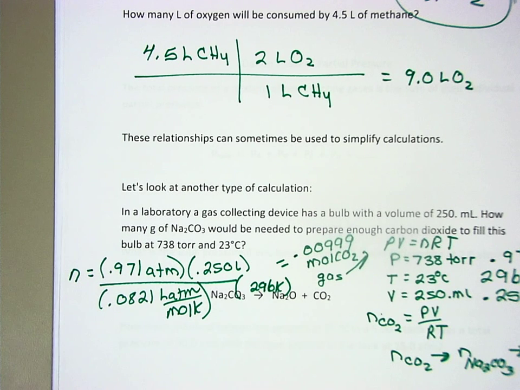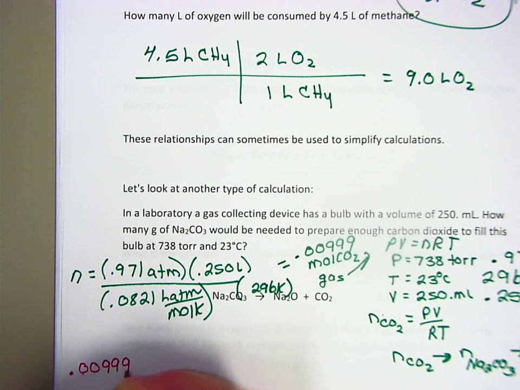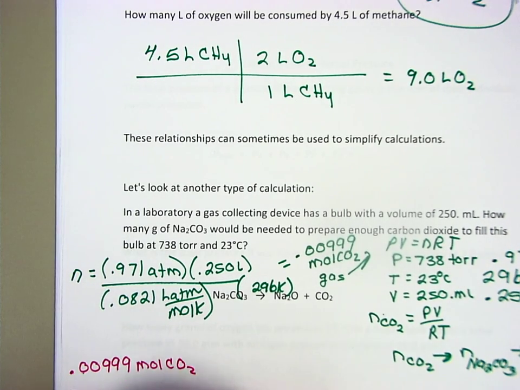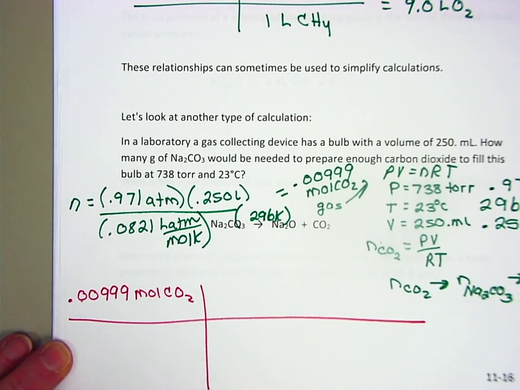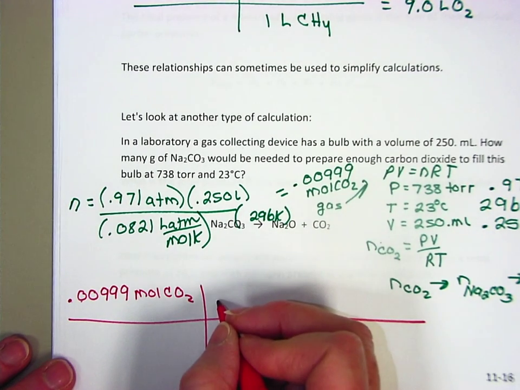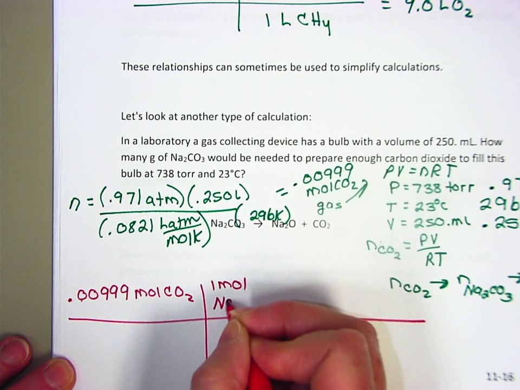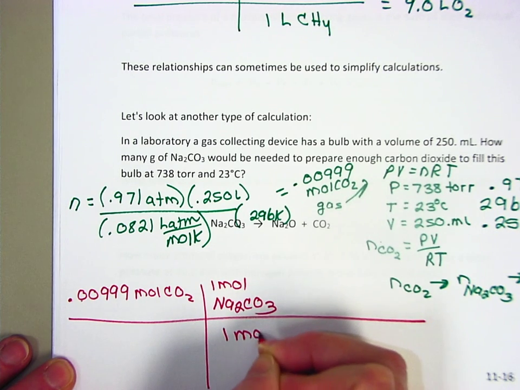Now I can use the gas law part to do the stoichiometry part of the problem. I have 0.00999 moles of carbon dioxide. I don't have to change grams to moles or milliliters to moles because I already have moles here. So now I look at my stoichiometric factor. I have 1 mole of sodium carbonate producing 1 mole of carbon dioxide.